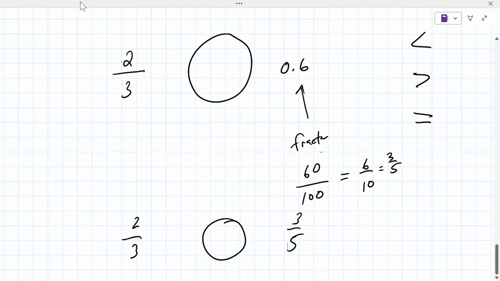You have to make a common denominator. Okay. 15. Okay, so do that and see which one is larger, which one is smaller.